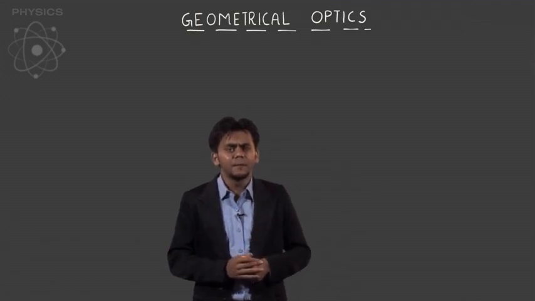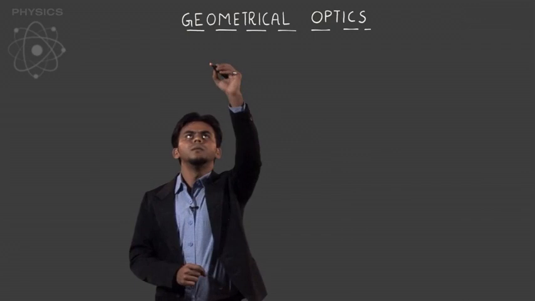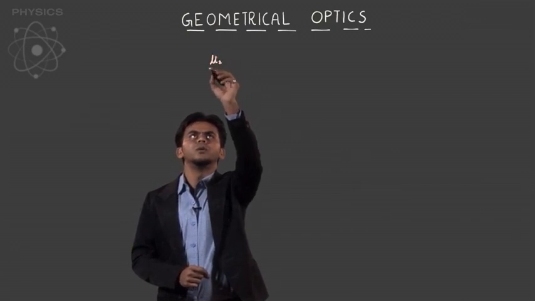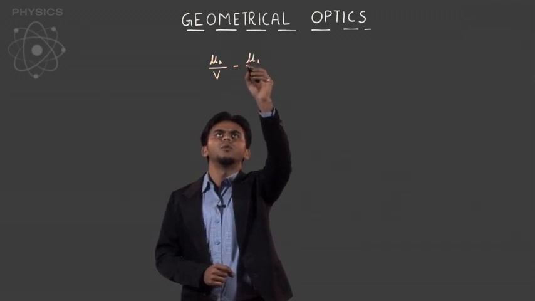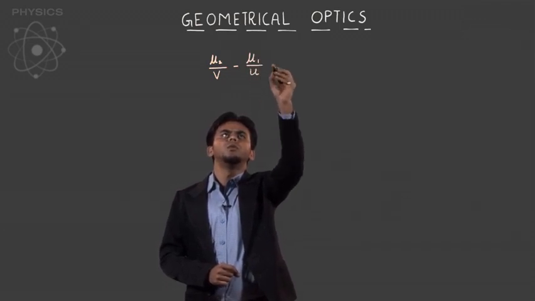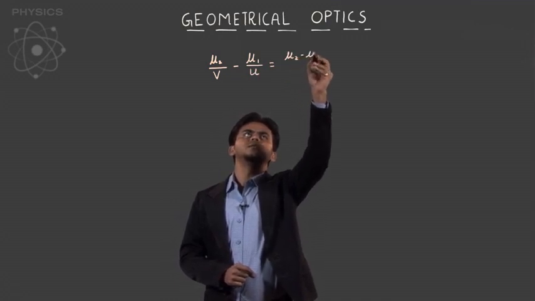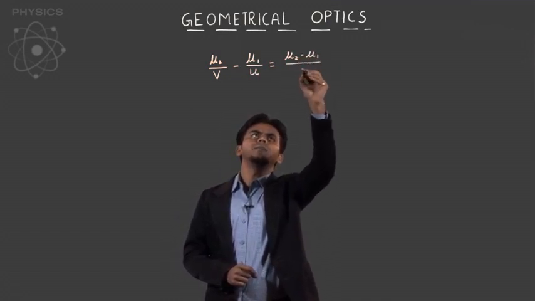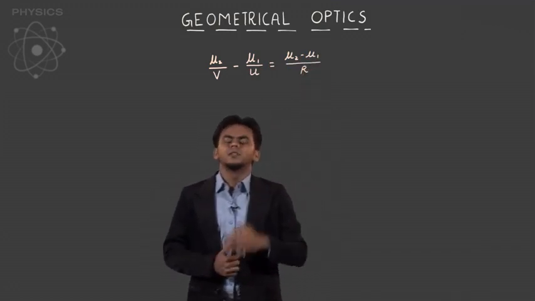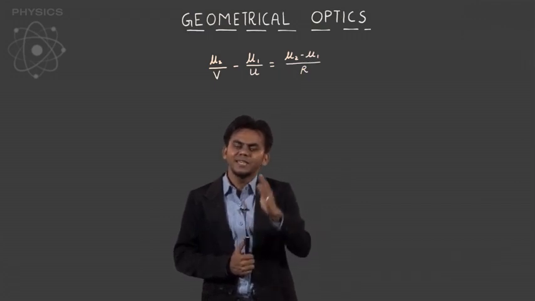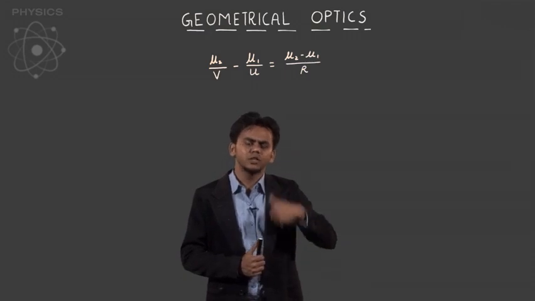And that formula or that relation essentially was mu2 upon v minus mu1 upon u equals mu2 minus mu1 upon r, where mu2 is the refractive index of the second medium, mu1 is the refractive index of the first medium.